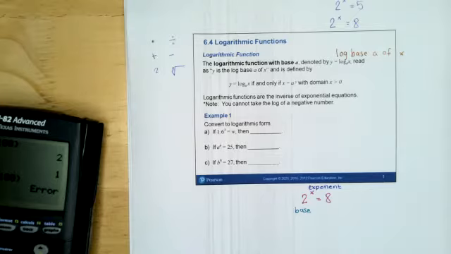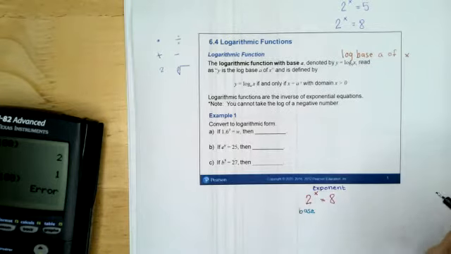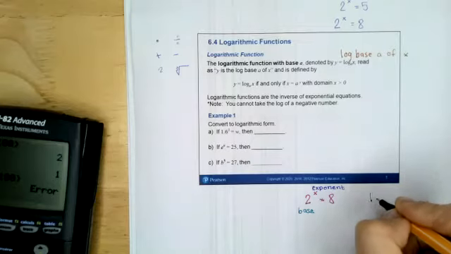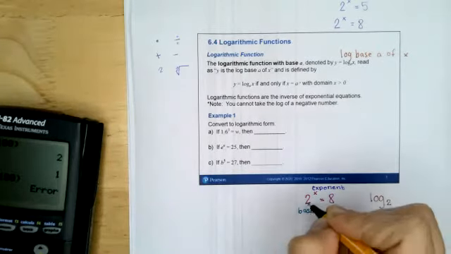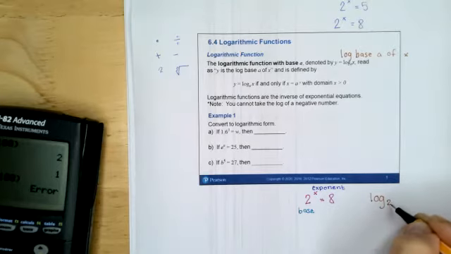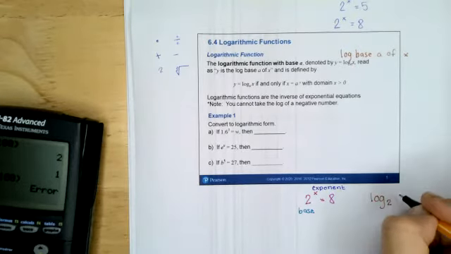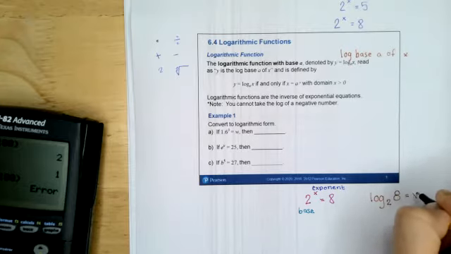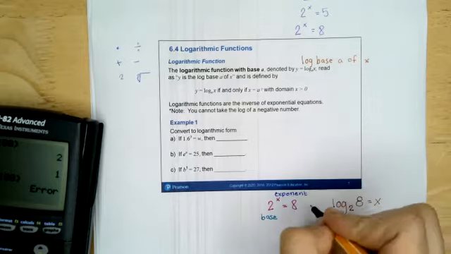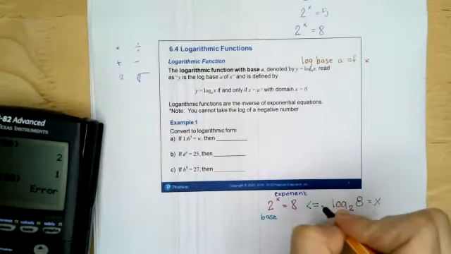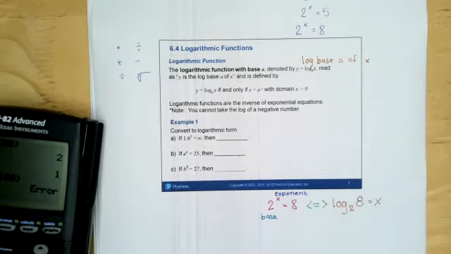So 2 to the power of x equals 8 becomes log base 2. So just like 2 is the base here, 2 is the base here. Log base 2 of 8 is x.